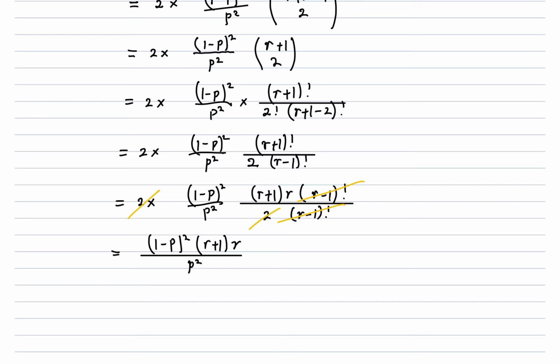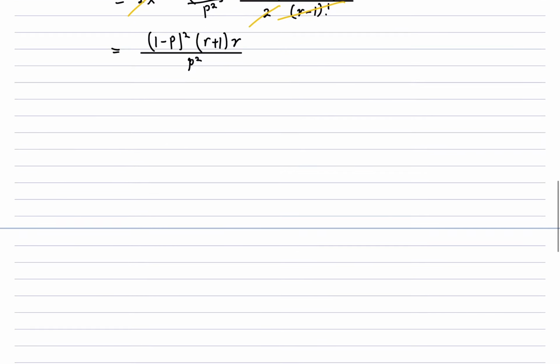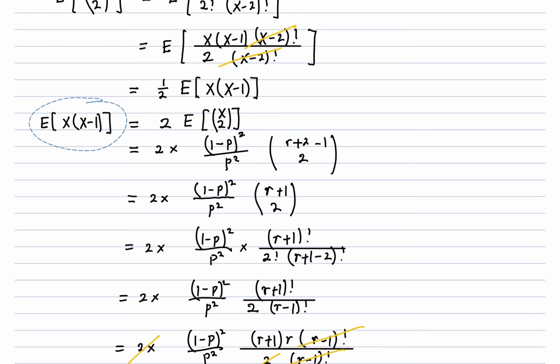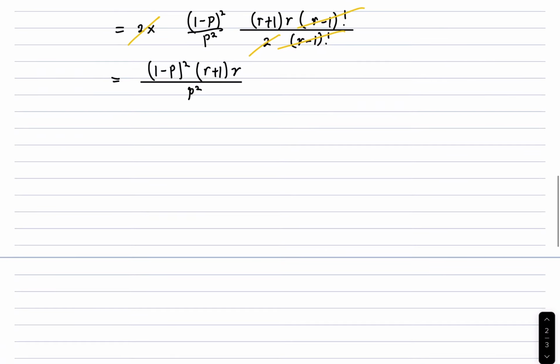Phew, we still haven't even got close to a variance yet, but I promise you it's coming along, because now we'll be able to derive the second moment of x, and we're going to use this expression here to do that. So note that the expected value of x squared can actually be rewritten as the expected value of x times x minus 1 plus the expected value of x.